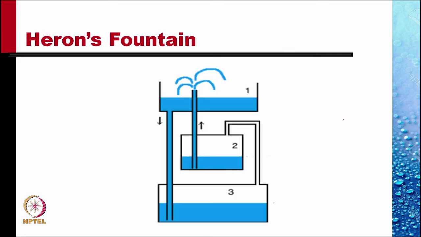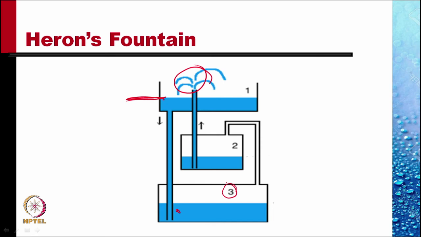This is an interesting example, a Heron's fountain, in which you see the water is being thrown above the level of water, the highest level of water contained within the tank. Why is this happening? From this tank, the water is flowing down into tank 3. Because of this water flowing down to 3, the pressure of air within 3 is increased.